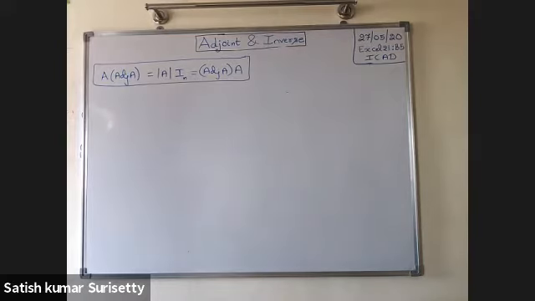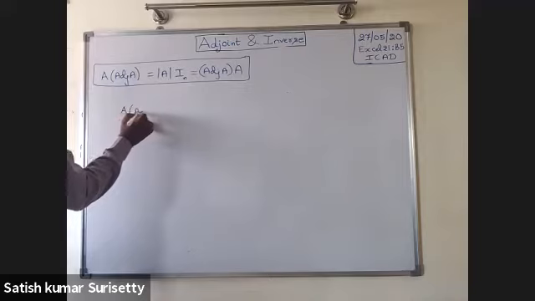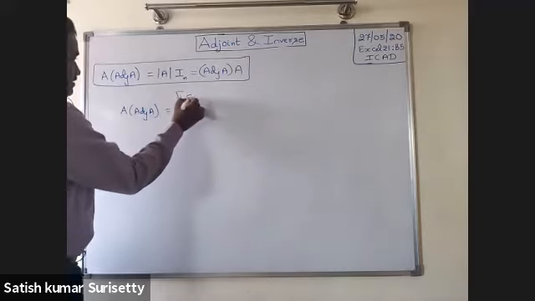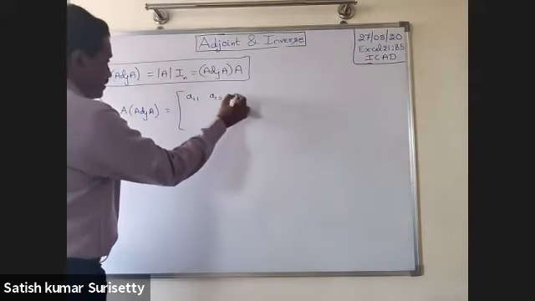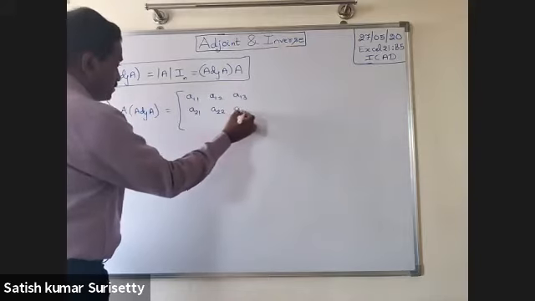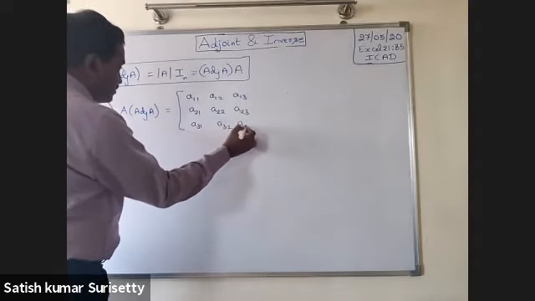Now, let us prove this for a general matrix. Instead of writing for the n by n matrix, let us write for 3 by 3. A into adjoint of A. A is the 3 by 3 matrix A11, A12, A13, A21, A22, A23, A31, A32, A33.